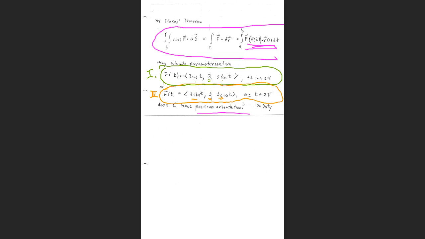Only one of these is going to work. When students parameterize and find the vector function that traces out that space curve, some students are going to have 3 cosine of t and 3 sine of t for x and z. Other students are going to have 3 sine of t for x and 3 cosine of t for z, but only one's right.